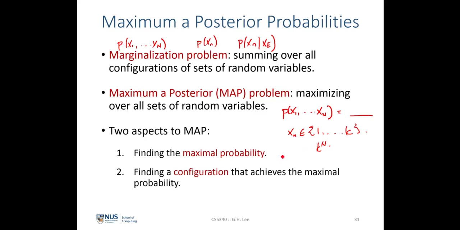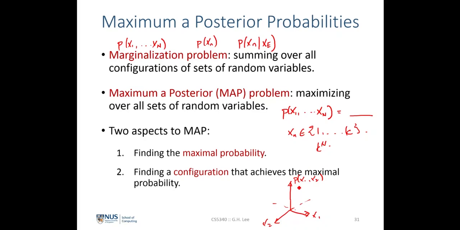And of course, the second problem that is closely related to the maximal probability is to find a configuration that achieves the maximal probability. So we can think of it this way. If I have, for example, a two-node joint probability distribution, all the probabilities over all the combinations of the states of x1 and x2 can be represented on the z-axis, where x1 and x2 are the states of my random variables.